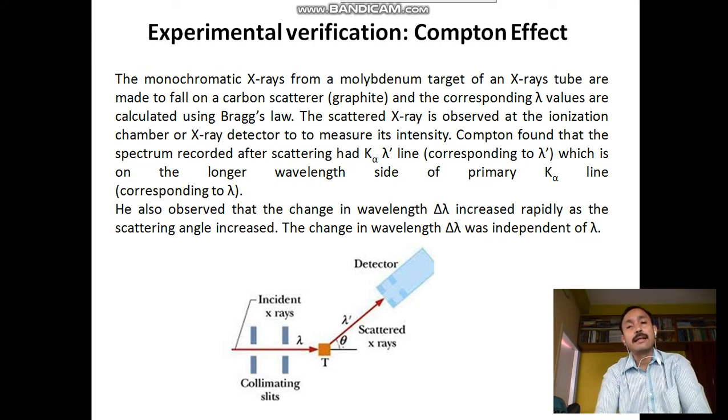The scattered X-ray is observed at the ionization chamber, or the X-ray detector, to measure its intensity.